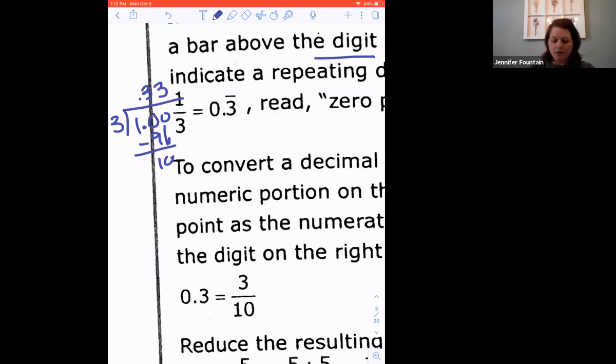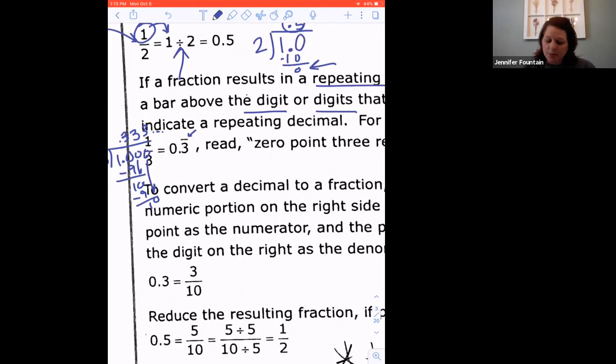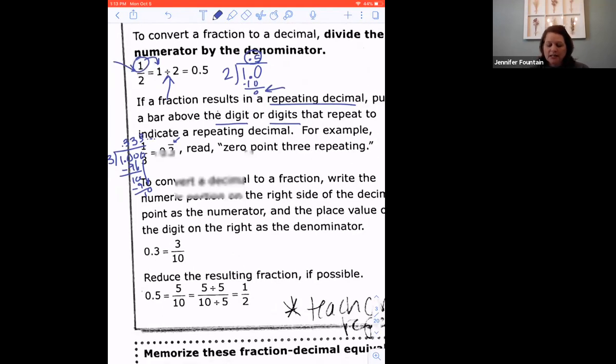And I could keep on going and going and going, and it's never going to end. It's just going to keep on repeating. So when I have a digit that repeats, it's a repeating decimal, that is why my line only goes over the 3, because it's the 3 that continues repeating. So it says, for example, 1/3 is equal to 0.3 repeating.